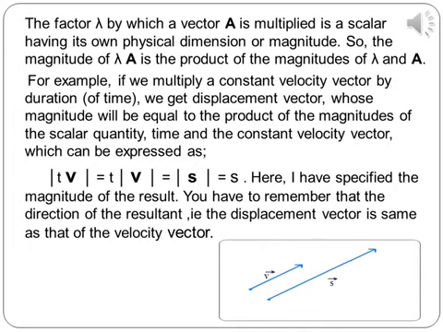So, the magnitude of lambda vector A is the product of the magnitudes of lambda and the vector A. For example, if you multiply a constant velocity vector by the duration or time, you get a displacement vector whose magnitude is equal to the product of the magnitudes of the scalar quantity time and the constant velocity vector, which can be mathematically expressed as modulus of t vector v is equal to t into modulus of vector v, which is equal to modulus of vector s, the magnitude of the displacement vector s.